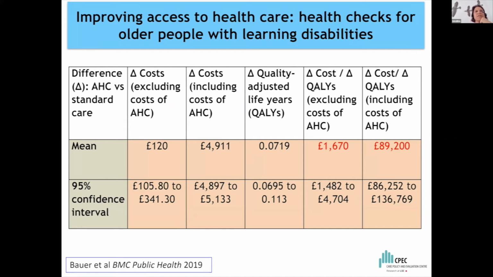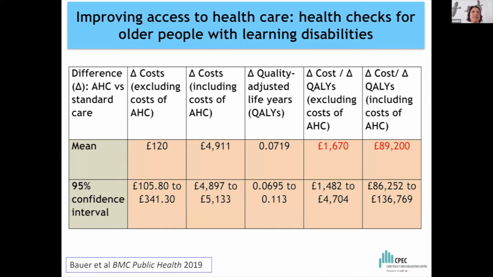The additional cost between people getting annual health checks and not, in terms of treatment costs and things like this, is £120. That's quite low because the probabilities of actually developing those conditions, even though relatively high among that population, are still overall relatively low. And getting treatment that expensive is also not that high.